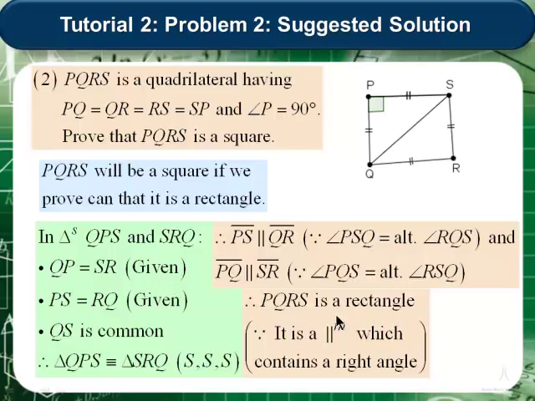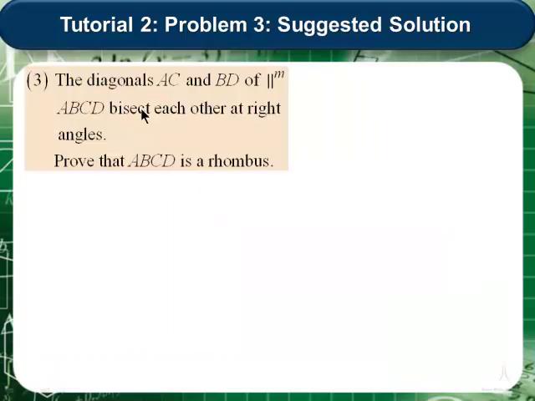And because it's a rectangle, we have therefore proved that PQRS will be a square, because we said right in the beginning, all we need to do is to prove that PQRS is a rectangle, because then it will be a square.